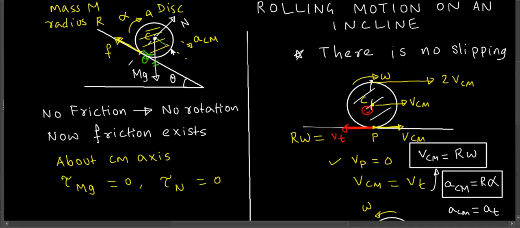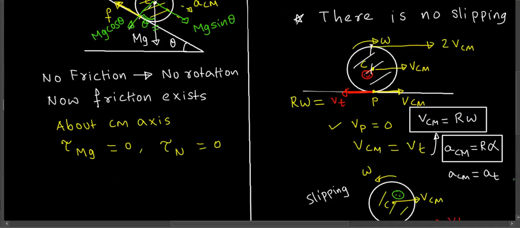So down the incline you have mg sine theta, and perpendicular to the incline you have mg cos theta. So we can forget about that mg because we have resolved it into two equivalent components. Now, after this, you write simple equations.